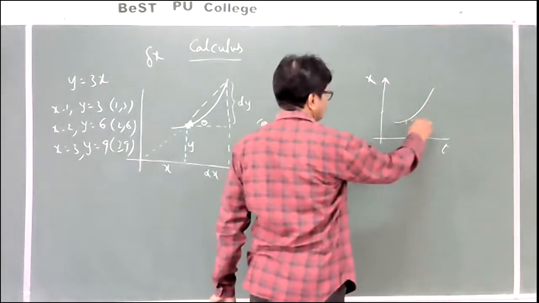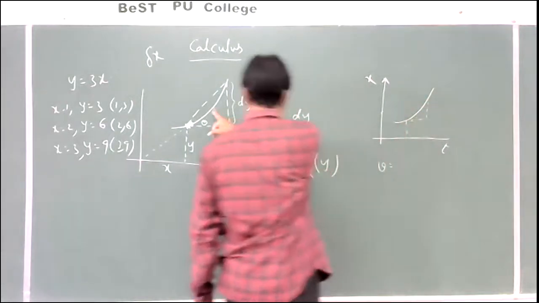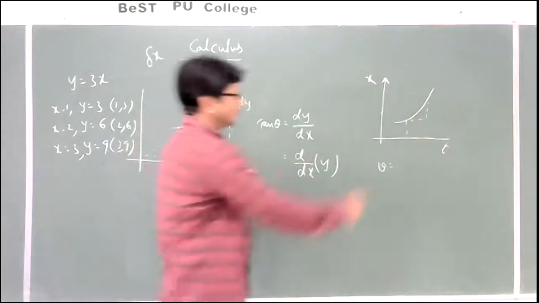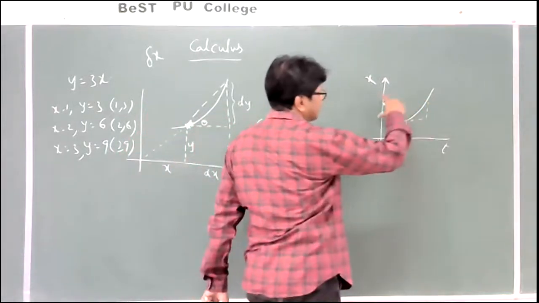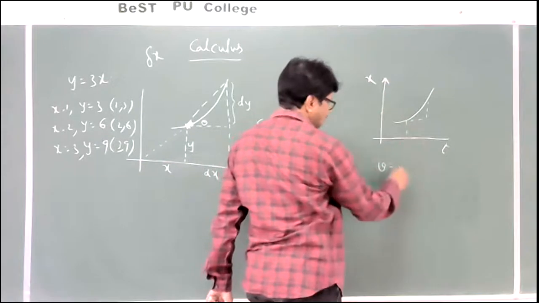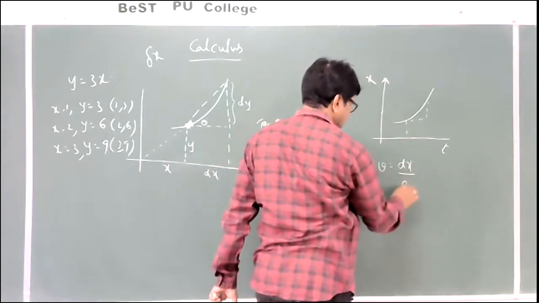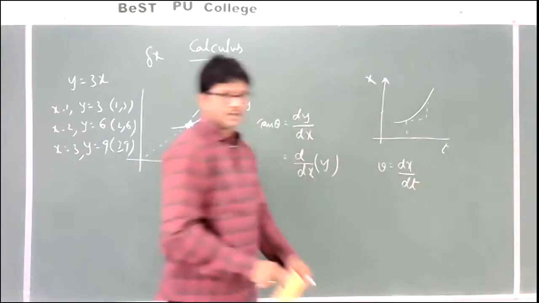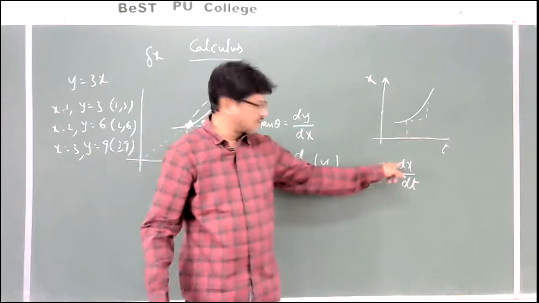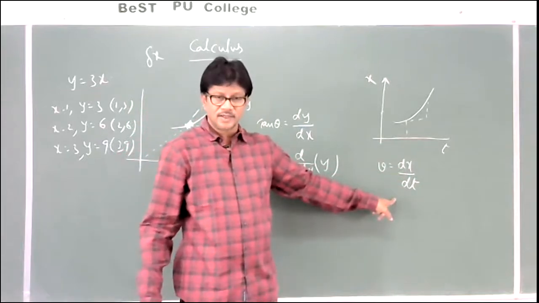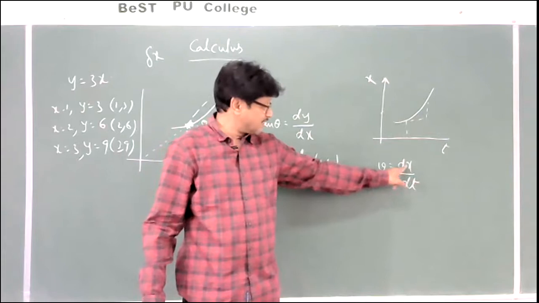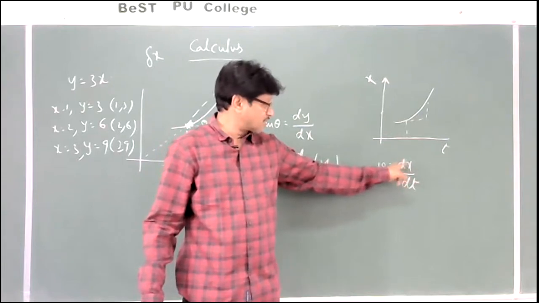Same thing if I do like this: this value is dx, this value is dt. The slope we can get is dx by dt. Here what is x? x is a function of time.